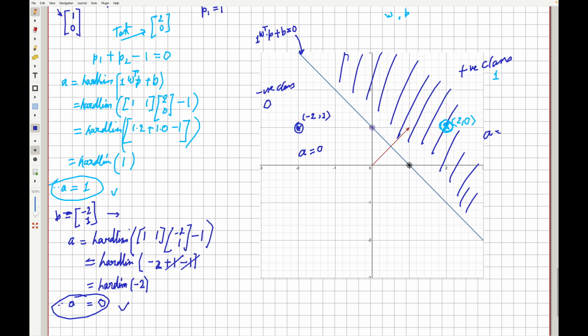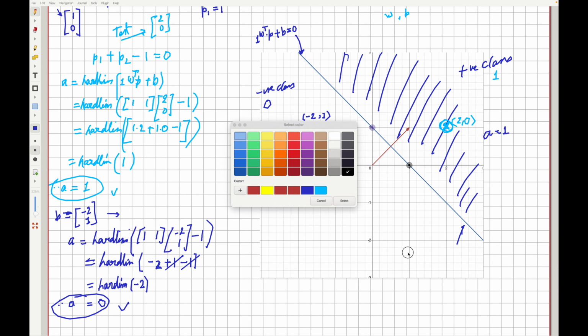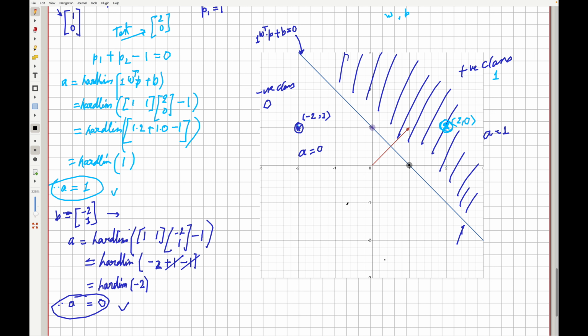So all this area on this side is a equal to 0, and all area on this side would be a equal to 1. So on the line and to the right of it would be a equal to 1, and this then is the decision boundary of a two input neuron.